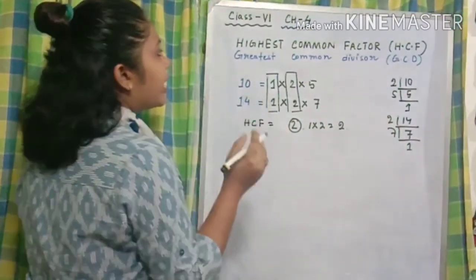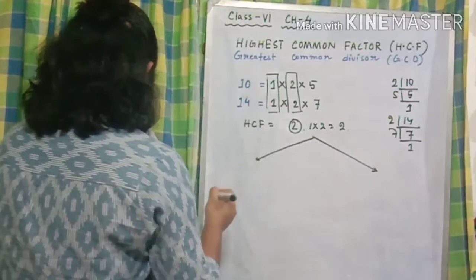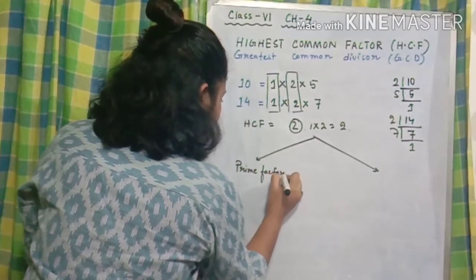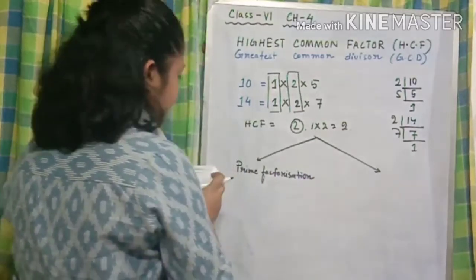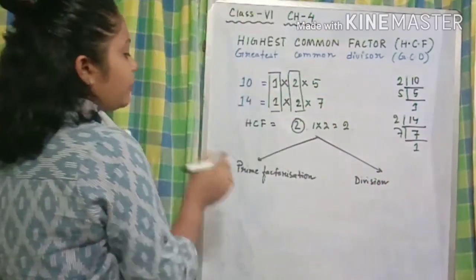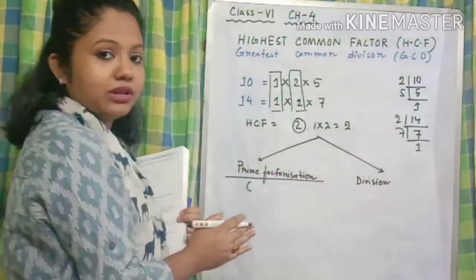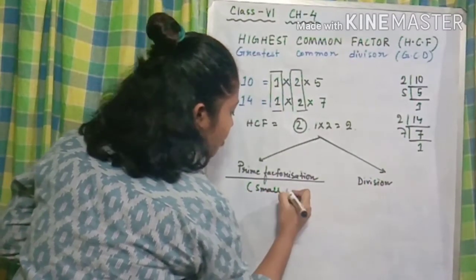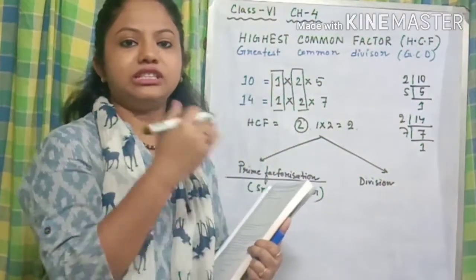Alright, now while finding the HCF we can follow two methods. First one is the prime factorization method, just the method I showed right now, and another method is the division method. For the prime factorization method, this is very suitable for smaller numbers like 10, 20, 40, 50.